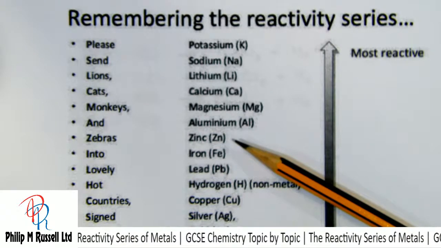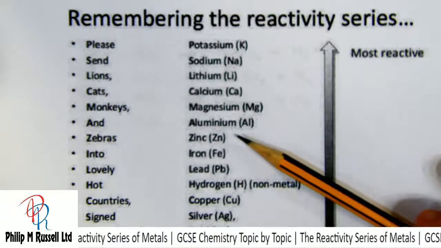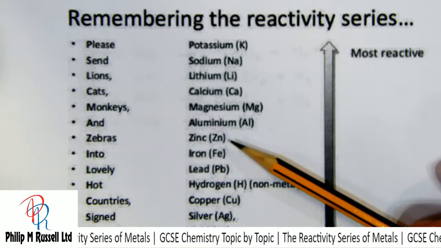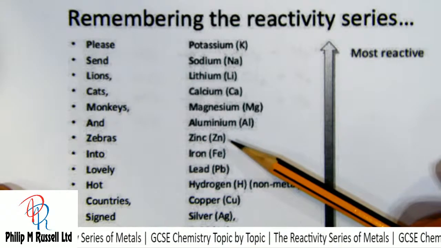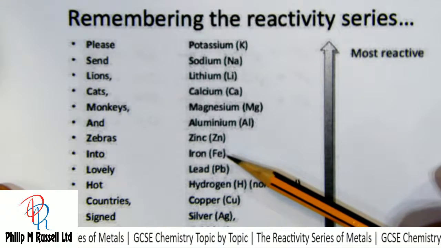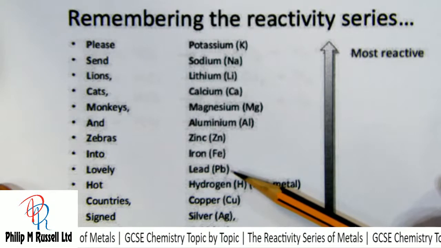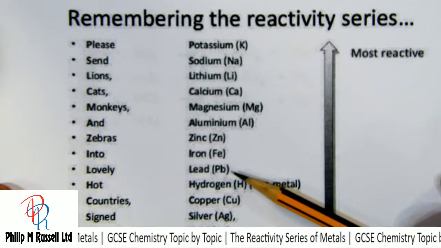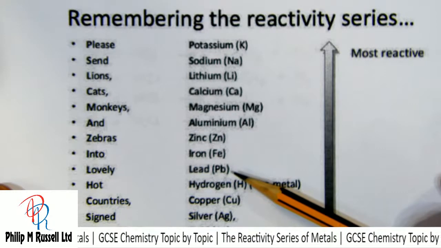So it's relatively cheap and it makes hydrogen in sufficient quantities. Not in my experiment. Iron, less reactive. And then we've got lead. And lead will just about react with the acid.